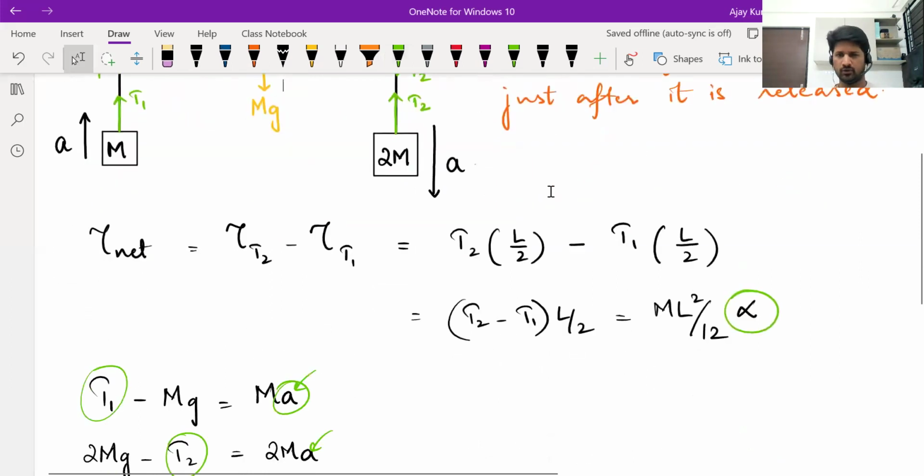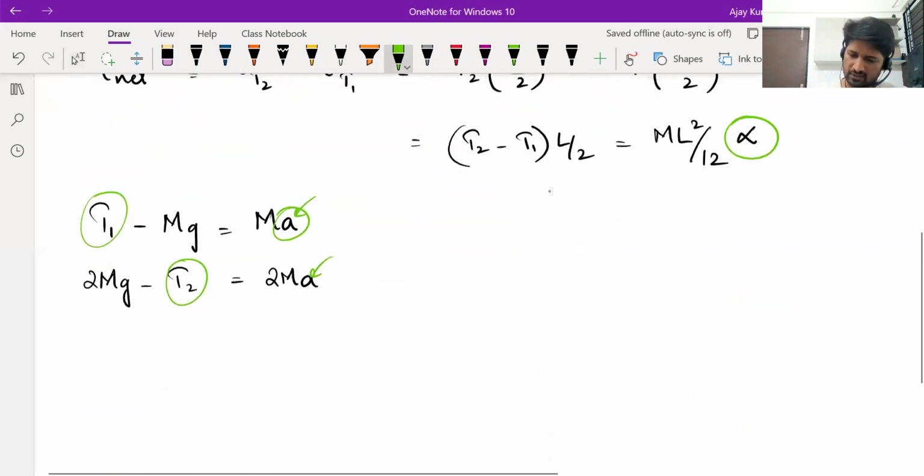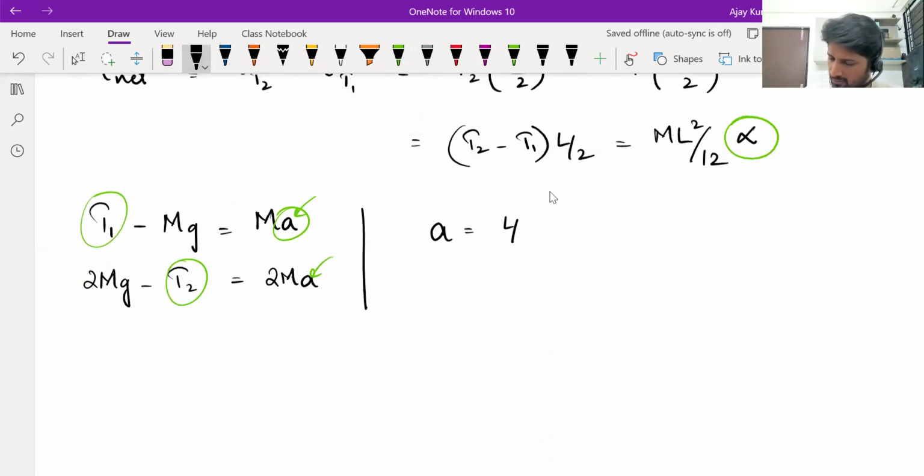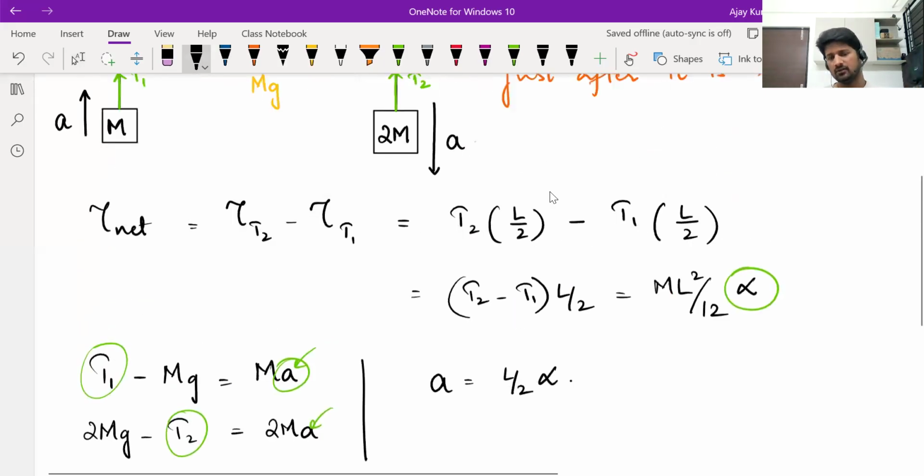So L by 2 into alpha. Therefore, the last equation to help you solve this problem is A is equal to L by 2 alpha. So now you have four equations for T1, T2, A and alpha. You can solve for all of them. I'll leave this here. You solve it later and send me the solution.